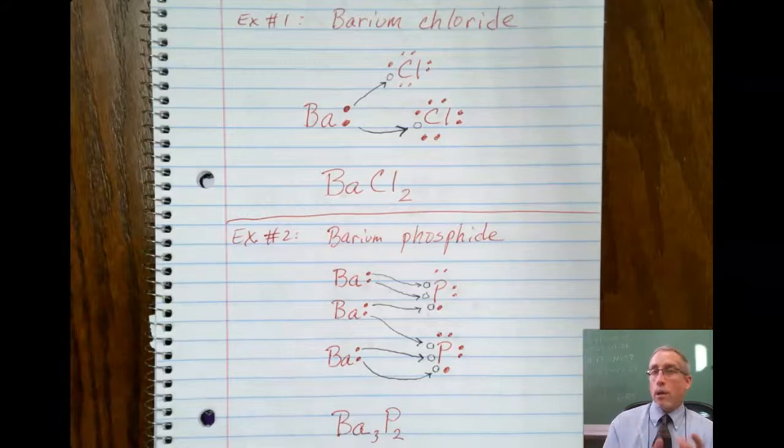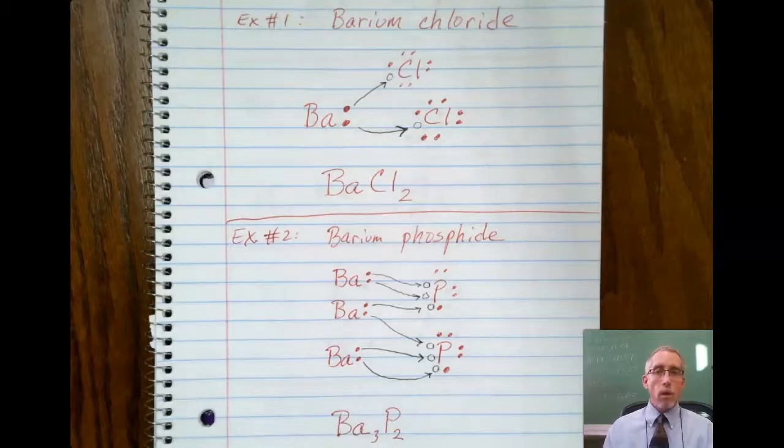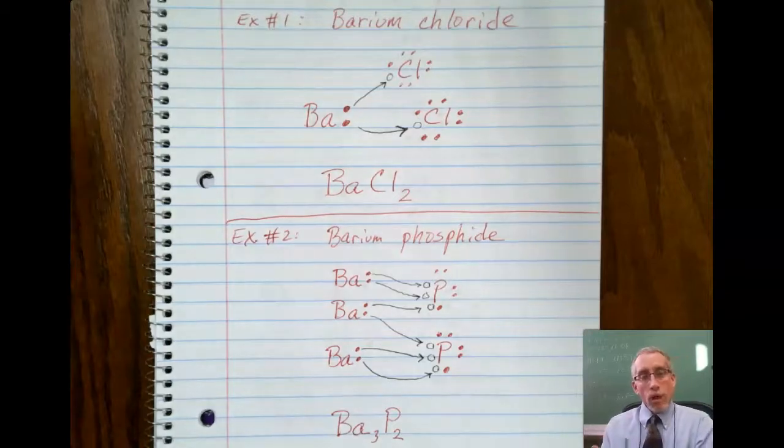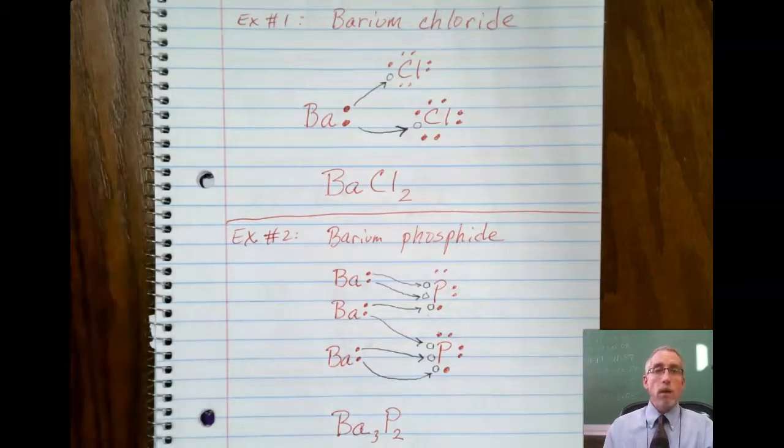So remember, there's always a metal atom involved that is trying to get rid of one or two or maybe three outer electrons. And by doing that, by losing those, it has a full outer energy level, because then the next energy level in is the outer energy level. So in order to get rid of the electrons, it's going to have to find something to take those electrons. And so that's where the non-metal atom comes in.